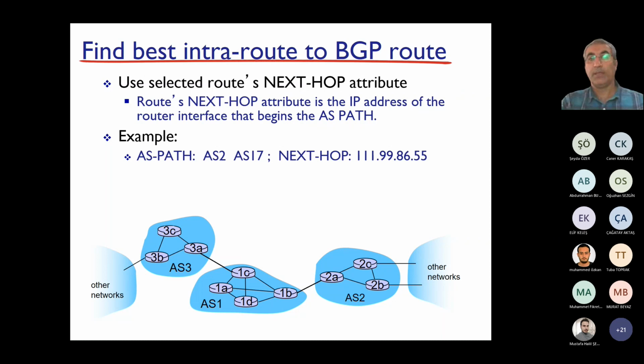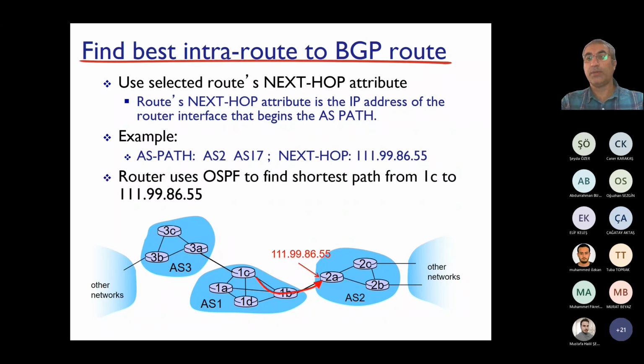Example, this is the AS path AS2, AS17. The next hop is this IP address, like the IP address of a router in AS2. So the router is going to use OSPF to find the shortest path from the 1C router to that specific 2A router.